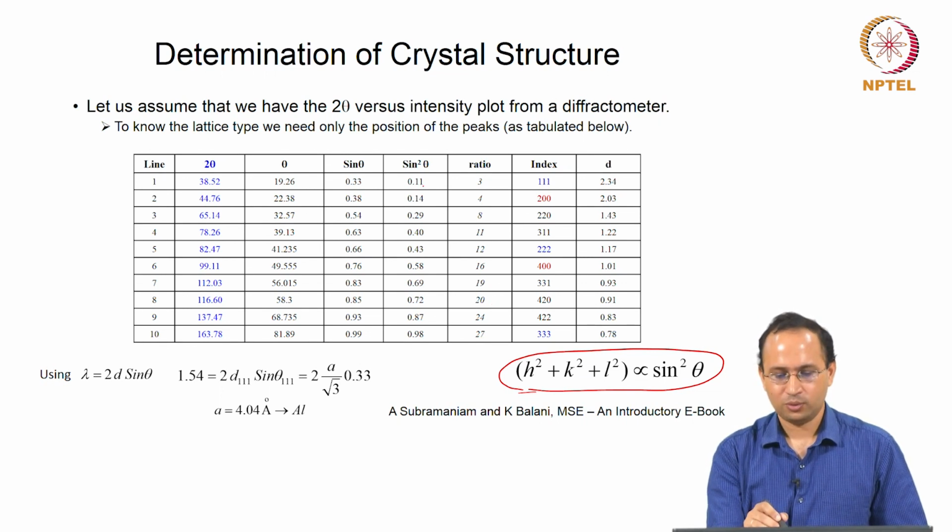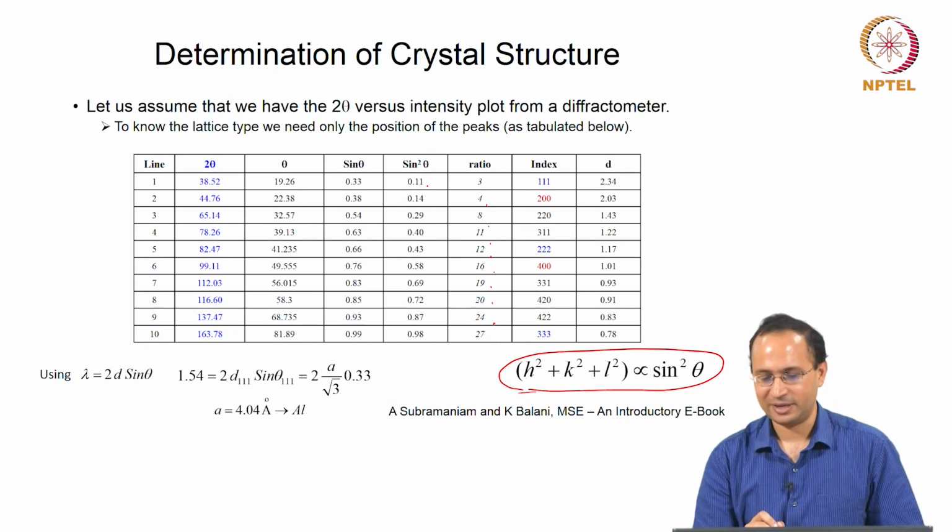So, you can express it in this ratio like 3, 4, 8, 11, 12, 16, 19, 20. Maybe you can multiply it with some factors, then express it in whole integers, that is the idea. You can do it, it should not be difficult.